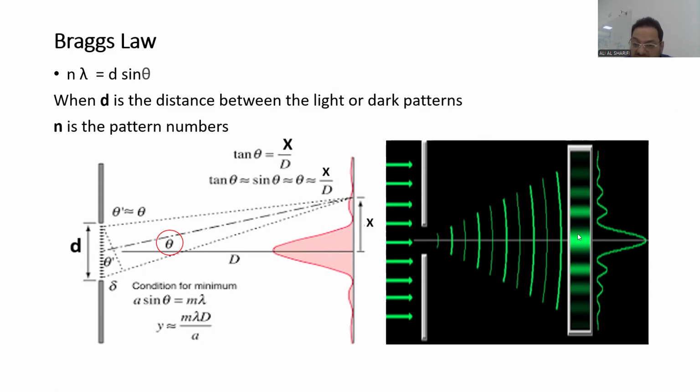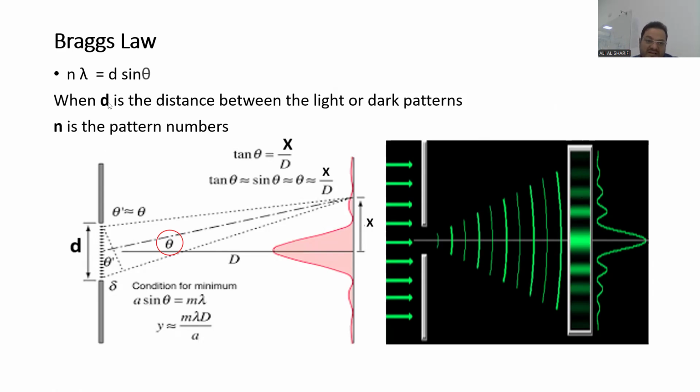X2 is from the bright spot to N2, and the same thing with X3. When I have 3 patterns, N1, 2, 3, that means I have 3 different distances, okay?